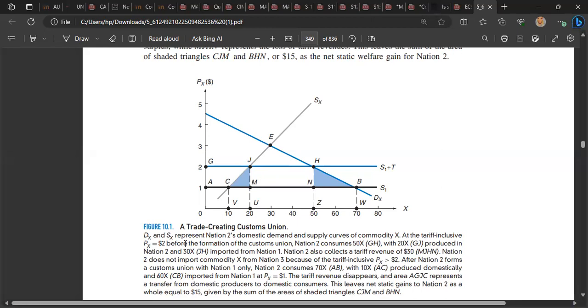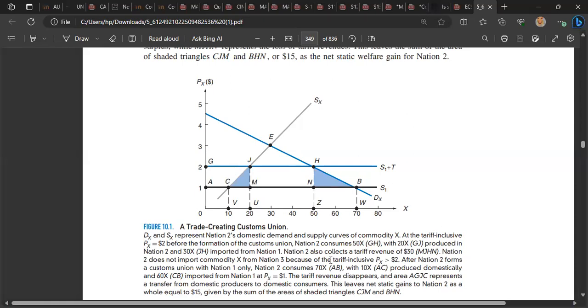At the tariff-inclusive price, which is $2 before the formation of the customs union, nation 2 consumes 50. It consumes that 50, which is the demand, and then 20 is produced at that price.